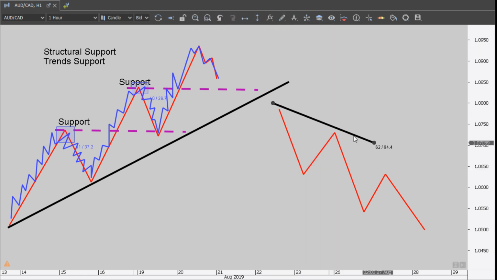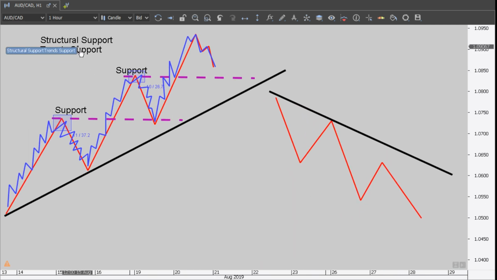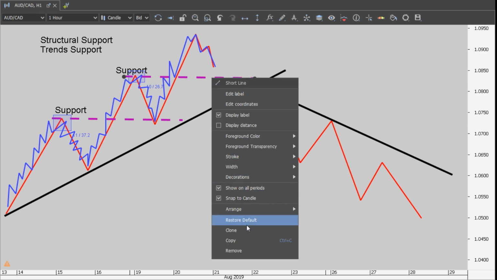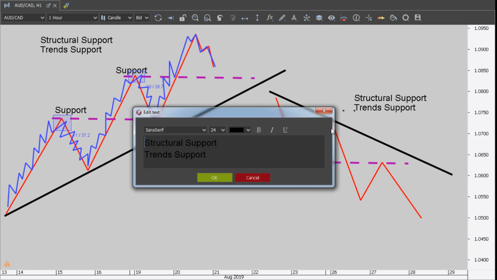We have a downtrend with the downtrend line, right? So you have structural resistance. Let's clone this. So you have structural resistance and you have trends resistance.